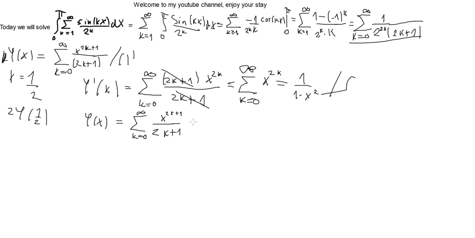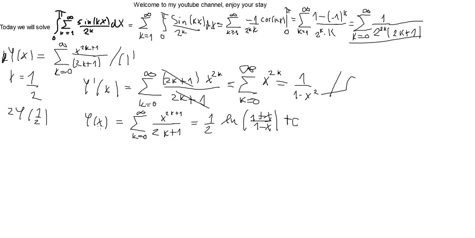And the right hand side will be an easy integral, just a partial fraction, which will be 1/2 ln of 1 plus x divided by 1 minus x. And of course the constant c of the integration.